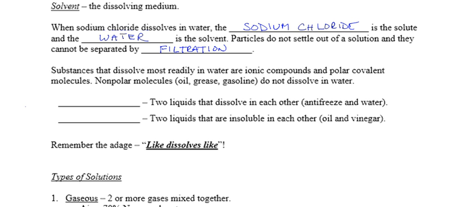So if two liquids dissolve in each other, they are considered to be miscible. If two liquids do not dissolve in each other, in other words, they are insoluble in each other, they are immiscible. But just remember the adage, like dissolves like.